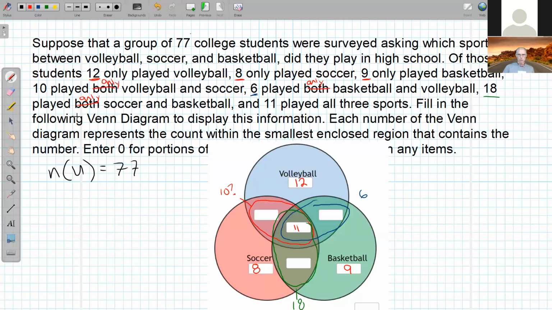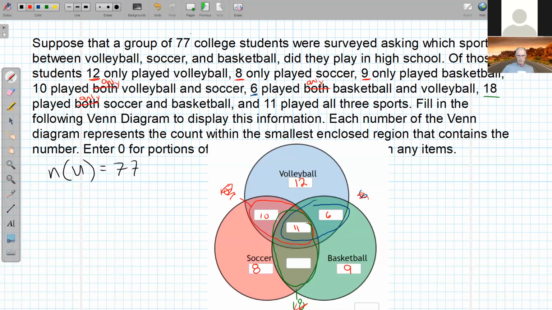I will write to the person who wrote the problem and ask them. Yeah, so I think it's got to be like that. So instead of both, I think that should be only or only both. Only both sounds weird, which means that 10 right there really goes here. That 6 right there really goes there. And what am I missing?